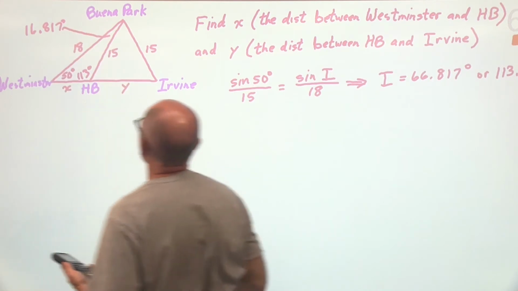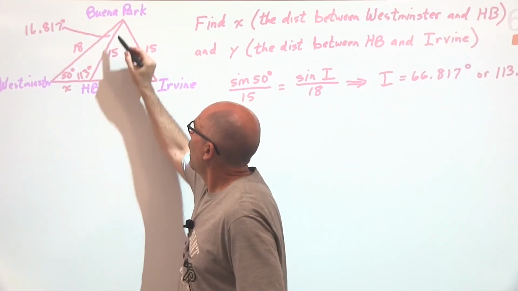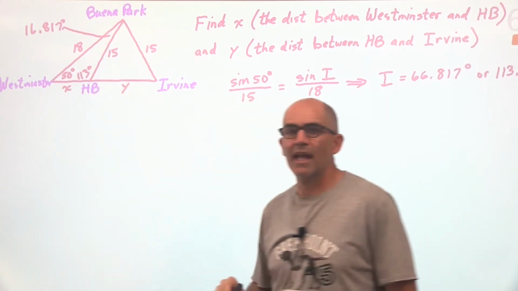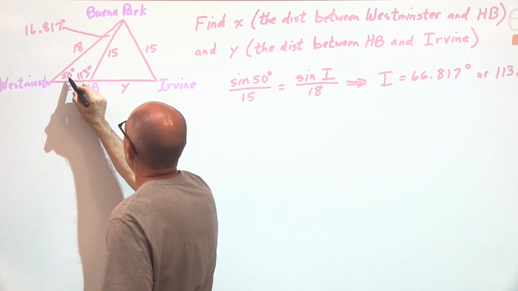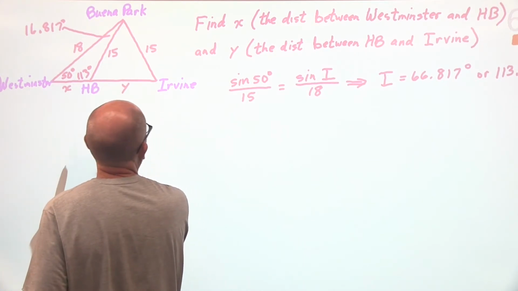16.817 degrees. Okay, so we now have the opposite angle of x, so we can use law of sines to get x. So what I know is 50 and 15 are both given, so we'll use those.